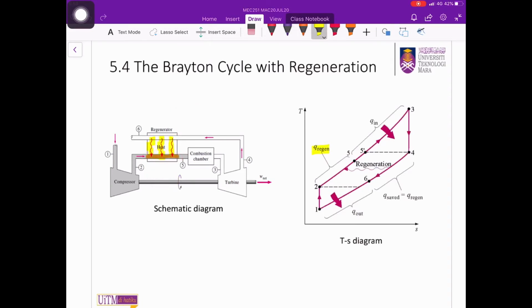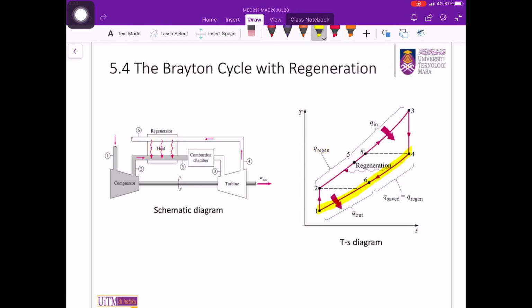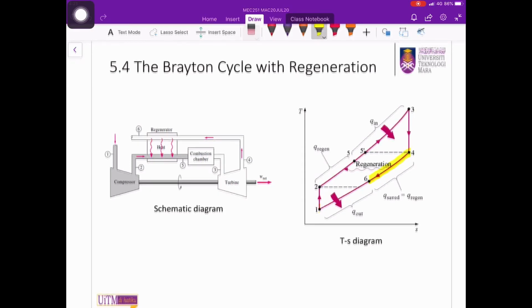The heat received in the regenerator is called Q regen. Meanwhile, instead of exhausting the gas with this amount of heat, by using the regenerator, we can save this amount of heat, which has been transferred to the compressed air. Note that Q regen is equal to Q saved.